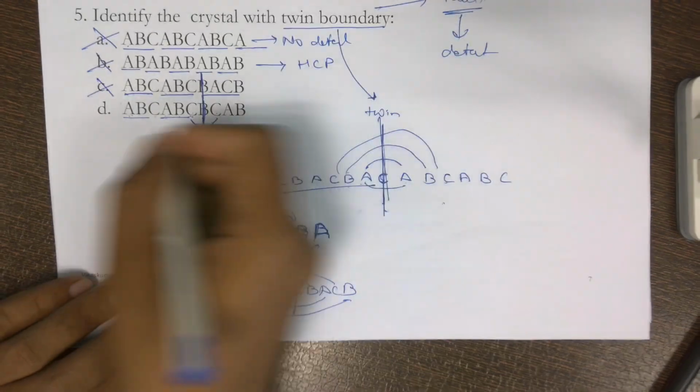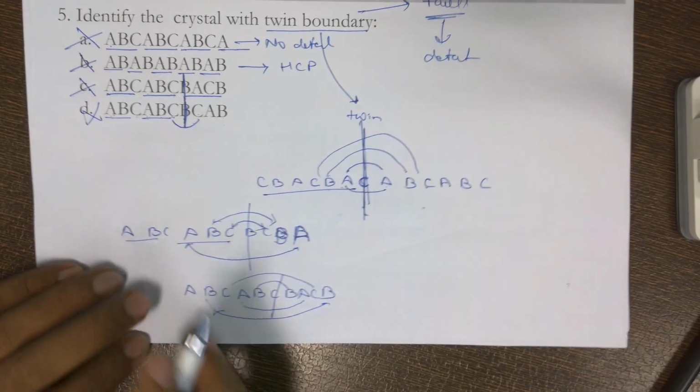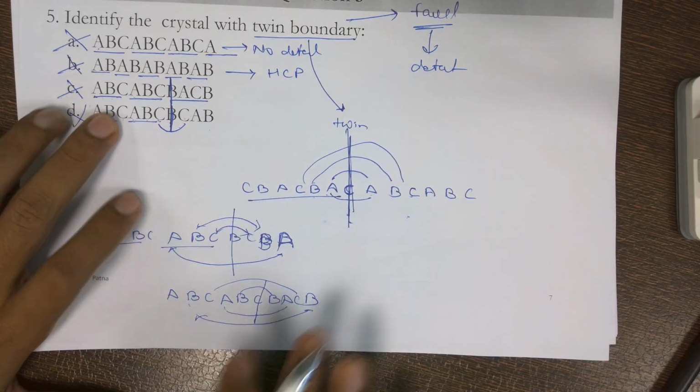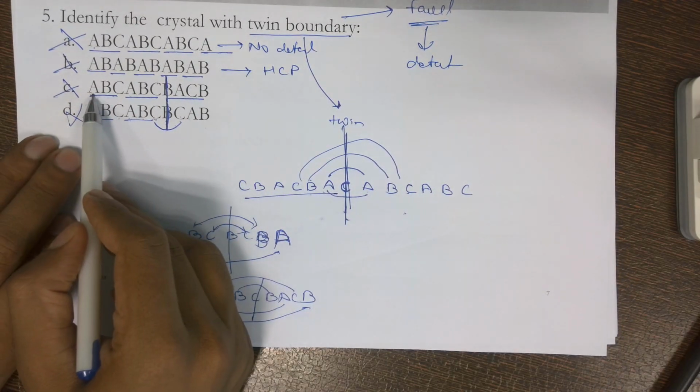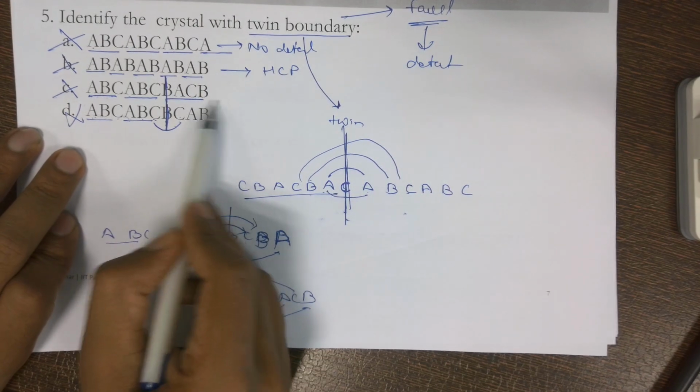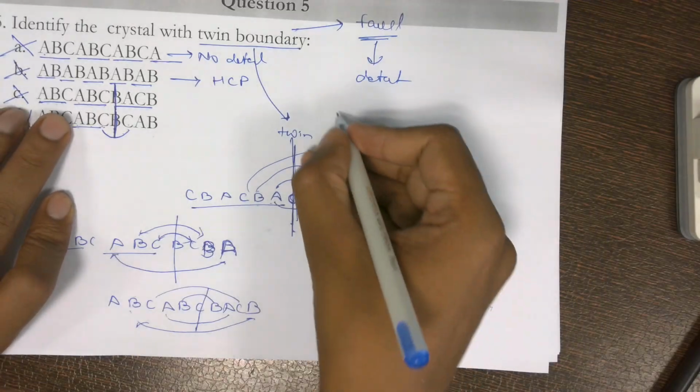So this is not the case. Now the third one, you see, once we should go from here to here, and once from here to here. Now let's see this particular one.